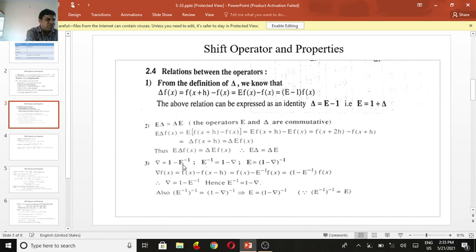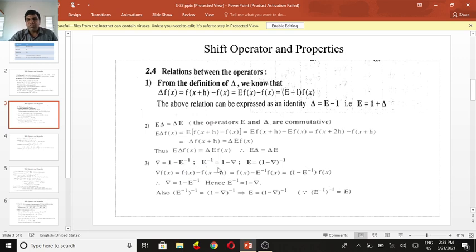So we can write f of x minus E inverse f of x. I take f of x as common, we get 1 minus E inverse. So backward delta f of x is equal to f of x times 1 minus E inverse. F of x gets cancelled. Backward delta is 1 minus E inverse.